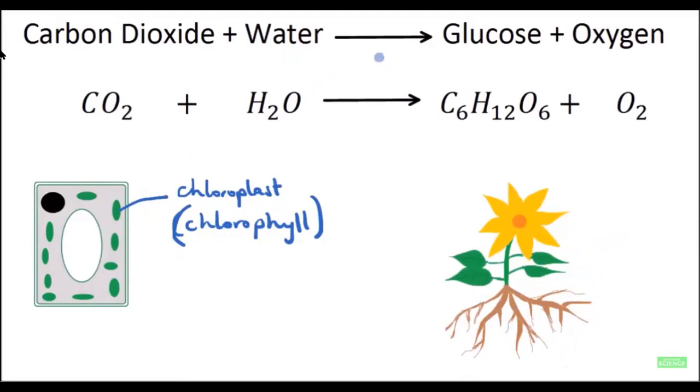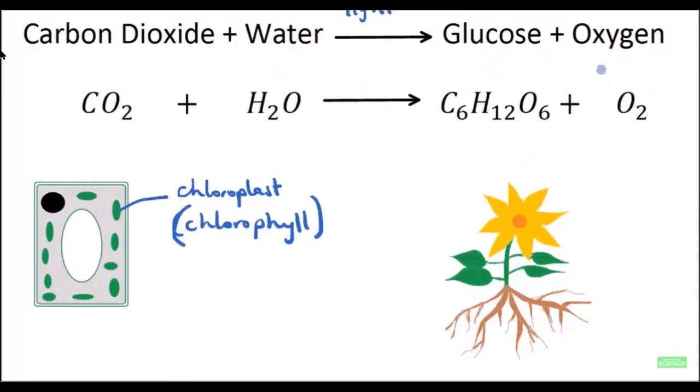During photosynthesis, the plant uses light energy. The light energy is absorbed by the chlorophyll, and this energy is used to convert carbon dioxide and water into glucose and oxygen. Glucose is a simple sugar and is very useful to the plant, and we'll talk about that later in the video.